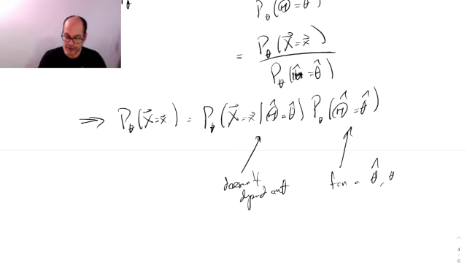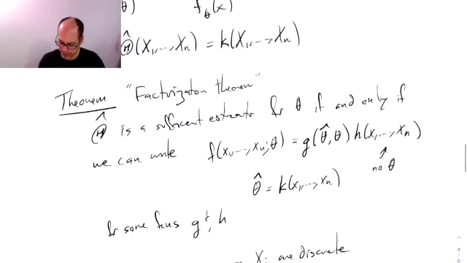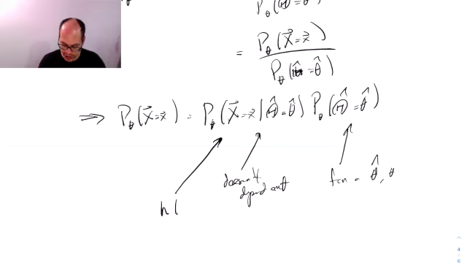And so this is our factorization. This thing is our h of the little x's, and this thing is our g of theta hat and theta. And there we go. And you can do the same process backwards, which we basically already did.